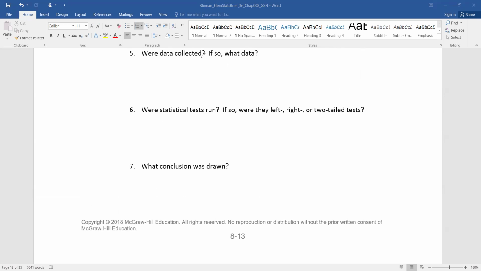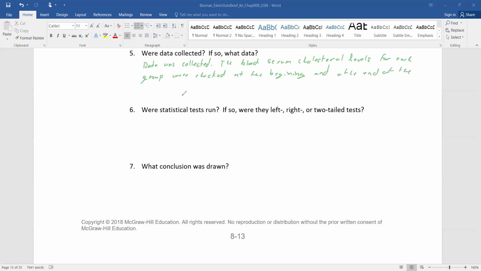For each group, the levels were checked at the beginning and at the end of the study. So data was collected.